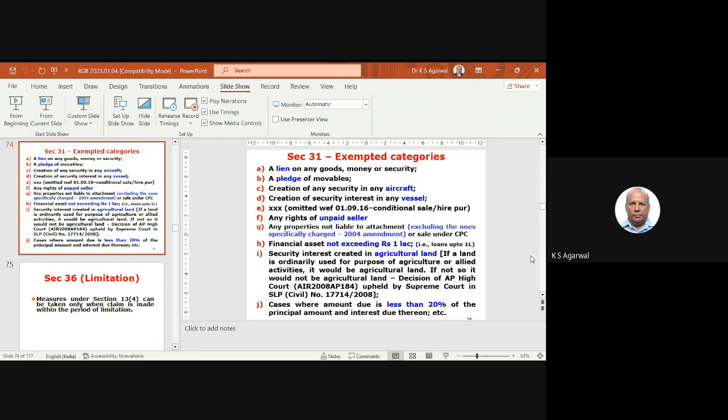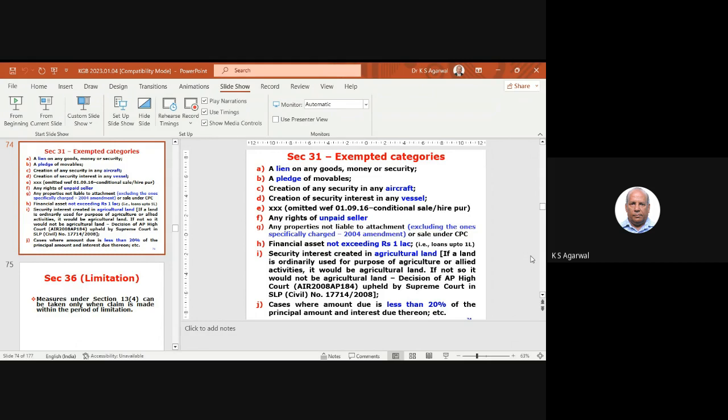Financial asset means my outstanding balance with interest. If my outstanding balance is 1 lakh rupees, I cannot take SARFAESI action. If it is 1 lakh 1 rupee, I can take. If security interest is created in agricultural land, SARFAESI action cannot be taken.